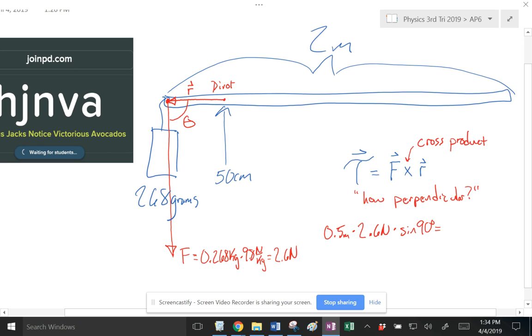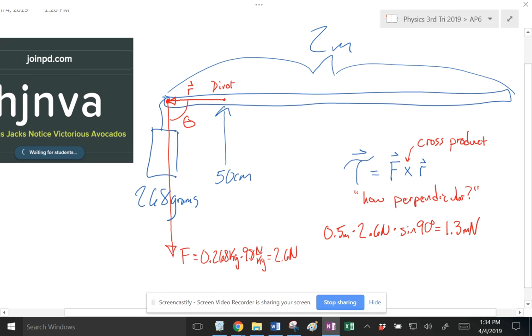Who's got a calculator? Don't need one. Whoa, bro. Mr. Harding's middle math skills are really impressive today. 1.3 meter newtons, okay?